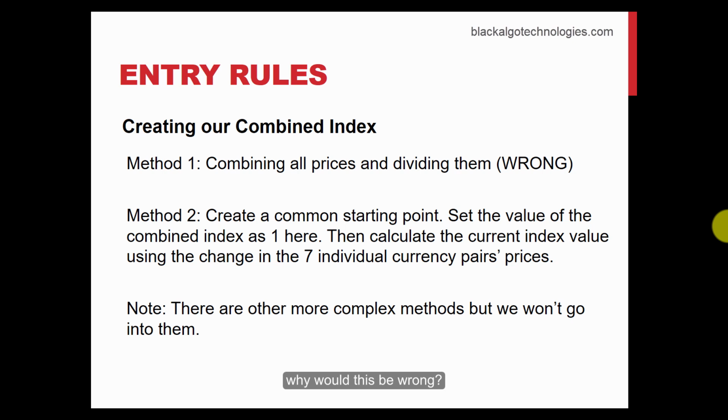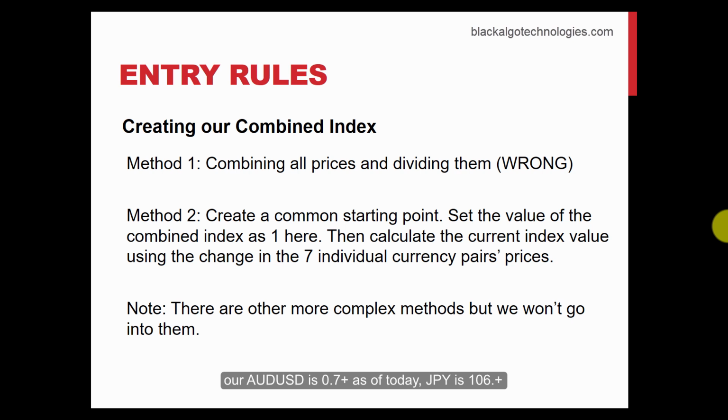Why would this be wrong? Let's imagine different currencies have different prices. For example, our Euro USD is 1.2 something. Our Aussie USD is 0.7 something as of today.